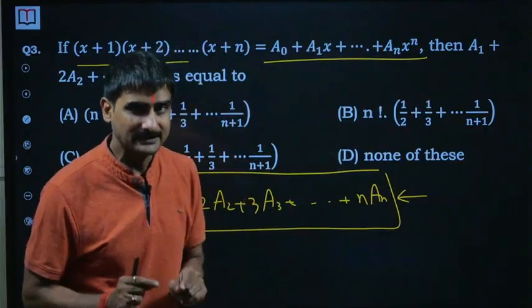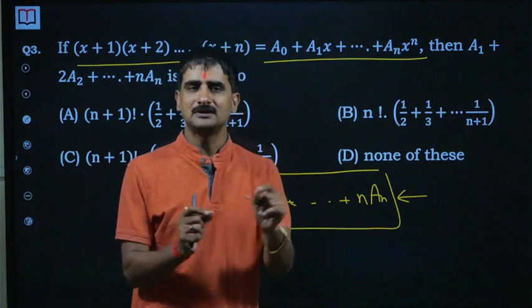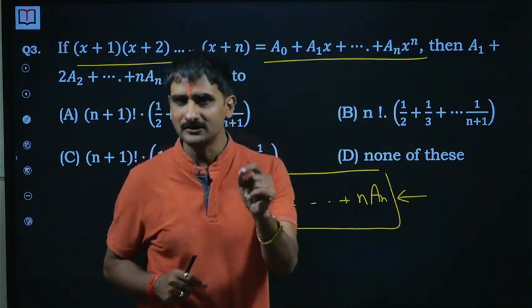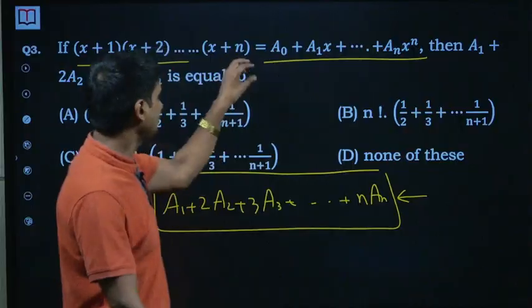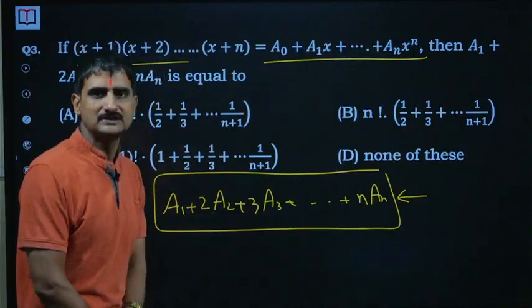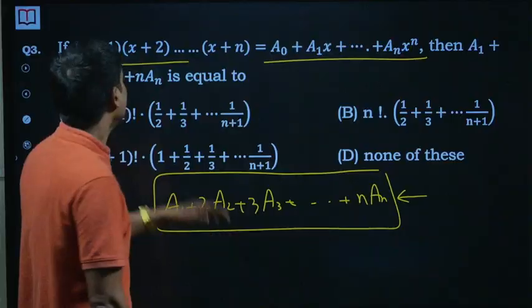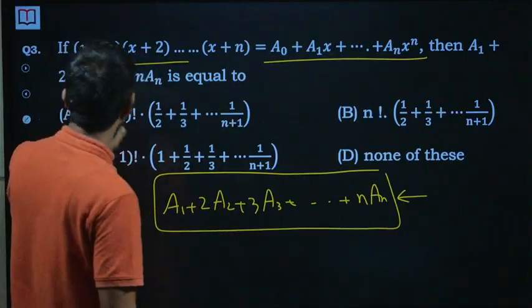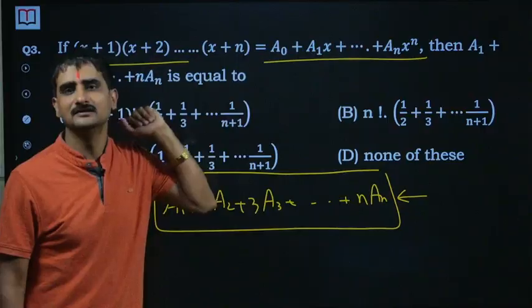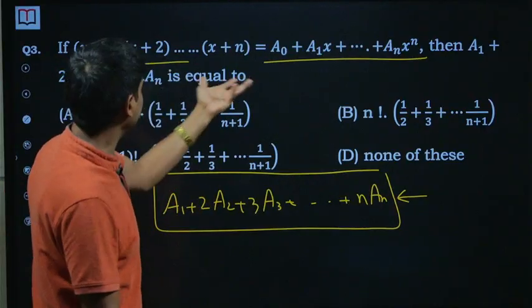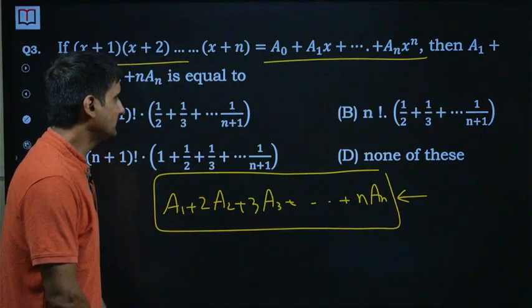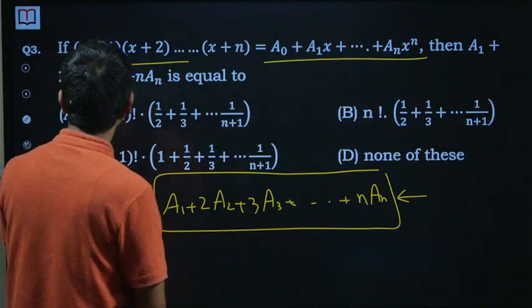Why? Because as I said, when you need an integer multiplied with the coefficient, we go for differentiation. So if we differentiate both sides with respect to x, what will we get? The only thing is we need to take care what we get here, and then we will replace x by 1. So let's do it.